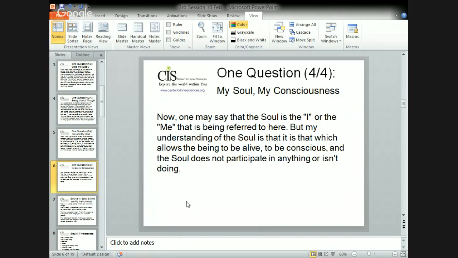The whole structure is conscious, and the soul does not participate in anything or isn't doing. That is also true, whatever is happening in the body and mind. My soul remains unmanifest, but it is very much connected to my mind. That's what is Patanjali's philosophy.